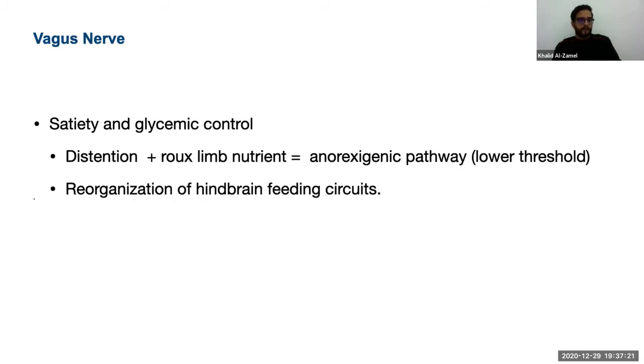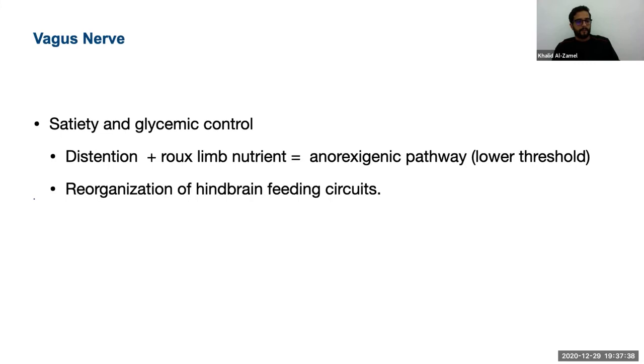The vagus nerve has some interesting role in weight loss and glycemic control, but I did not want to bother you with the explanation about its connection and role in the brainstem.